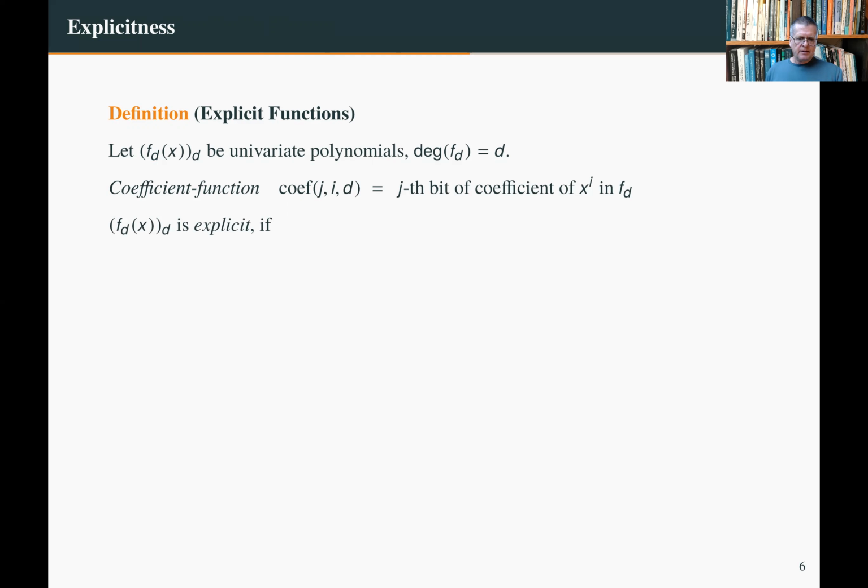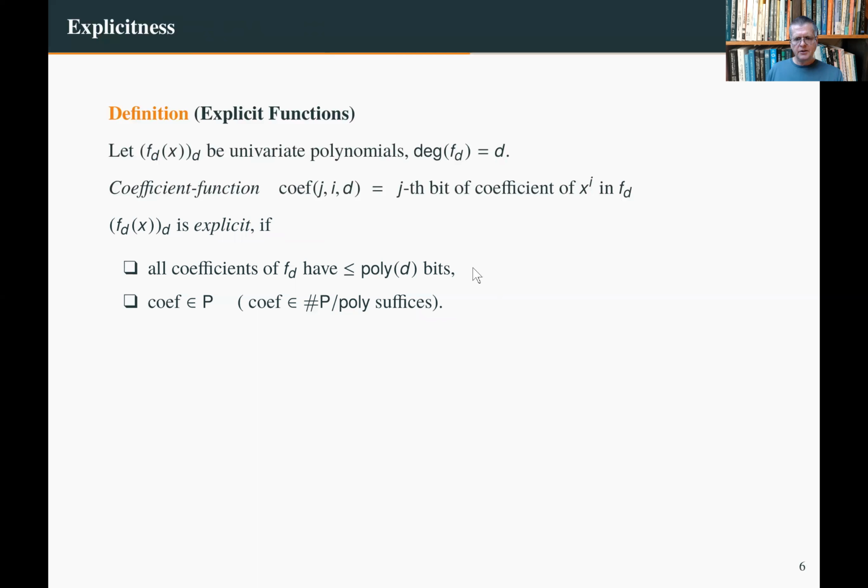We say this family is explicit if the following two conditions hold: all the coefficients have to be polynomially bounded in the degree, and the coefficient function has to be efficiently computable in P. Actually, one can relax this, and it suffices for our purpose that it's in #P/poly.